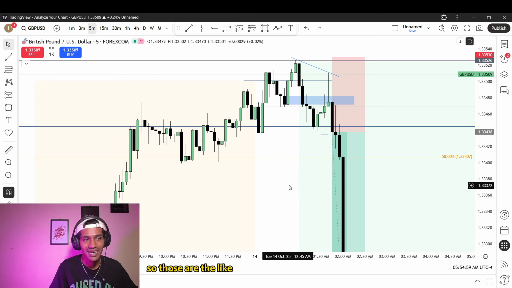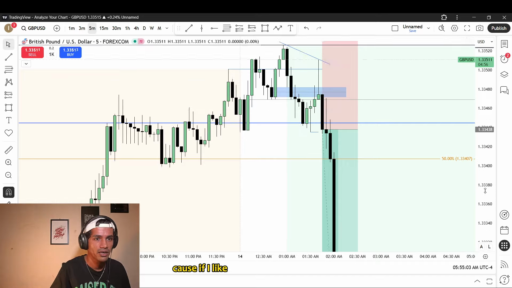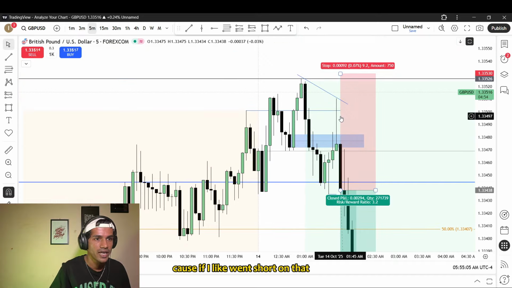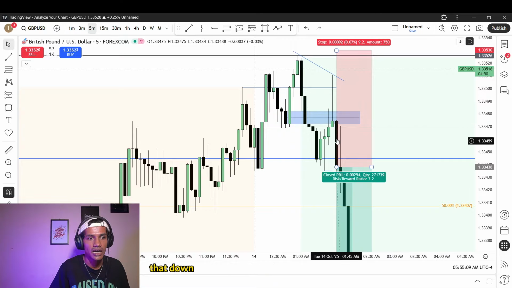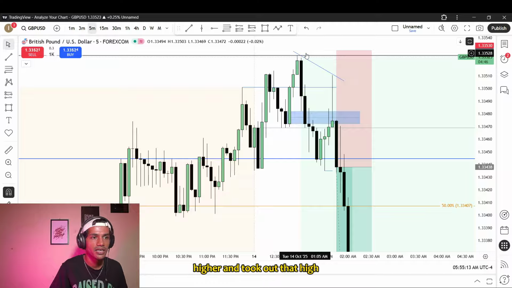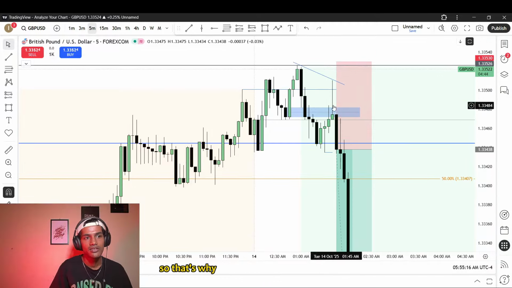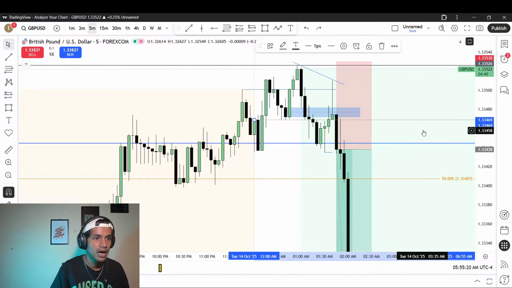So those are the highest probability setups, because if I went short on that candle, who knows, that down close candle after that could have gone higher and taken out that high. So that's why I waited for that candle to form, and as soon as I saw that, I went in.